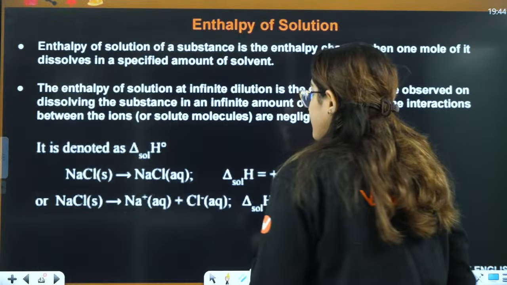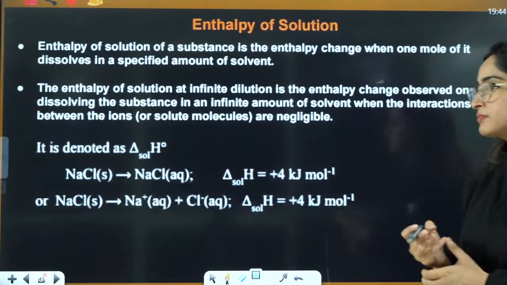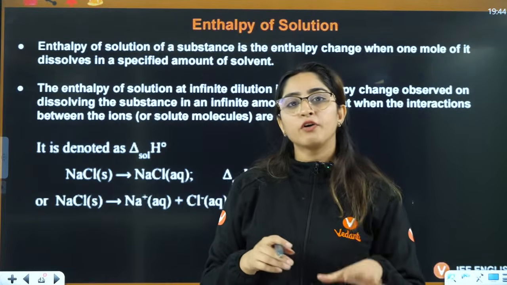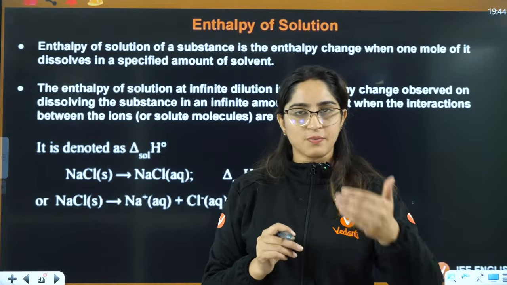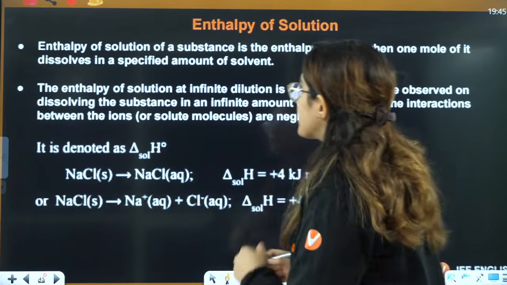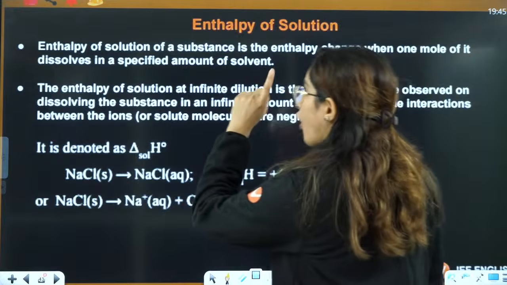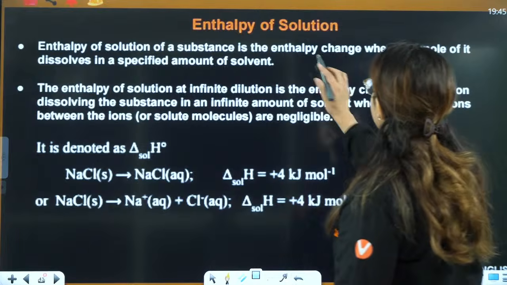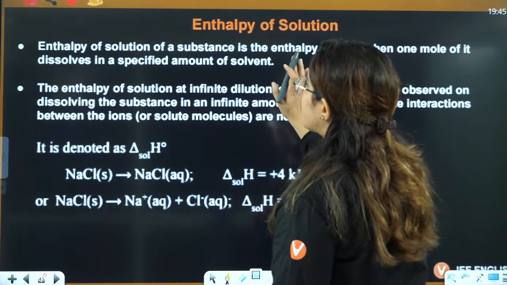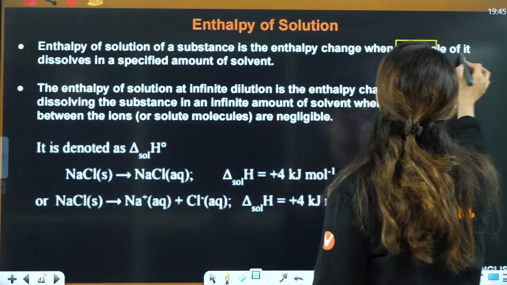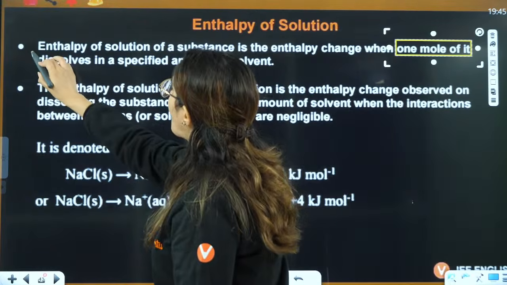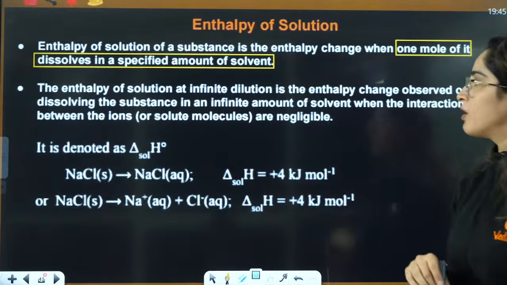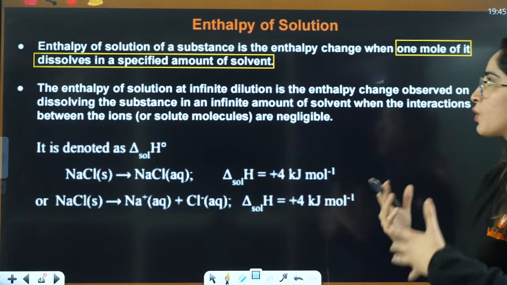Next is enthalpy of solution. See how many enthalpies you have here. So many. Enthalpy of hydration is of ions that are being hydrated, and enthalpy of solution is of a substance. I am not saying it should be an ion, I am saying any substance. It is the enthalpy change when 1 mole of it is dissolved in a specified amount of solvent, the enthalpy that is required or released.